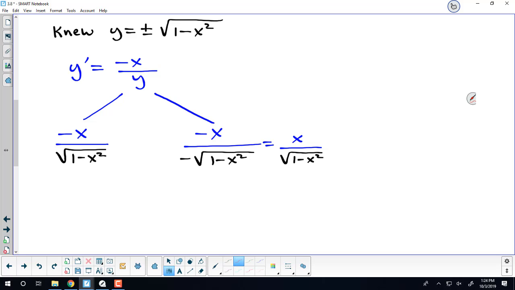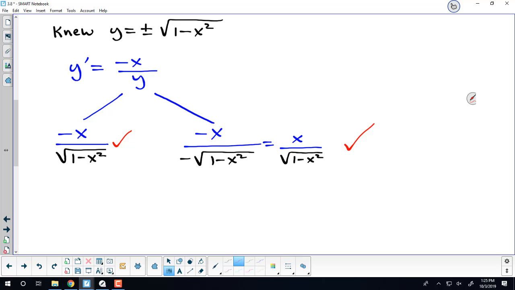So we can use this example to verify that the two methods do give us the same result. This one's right and this one's right.